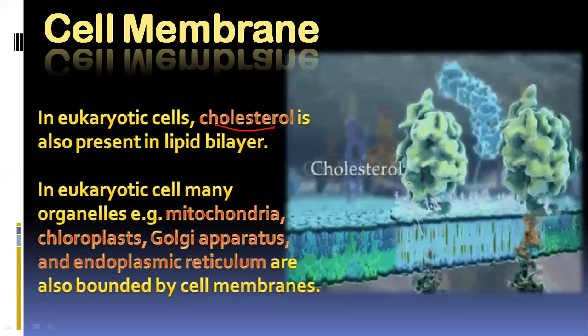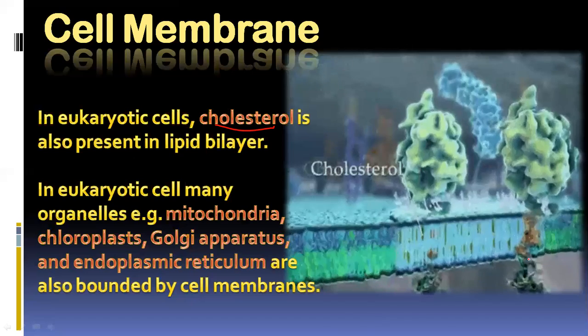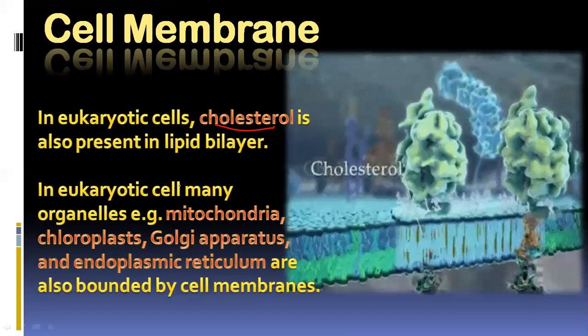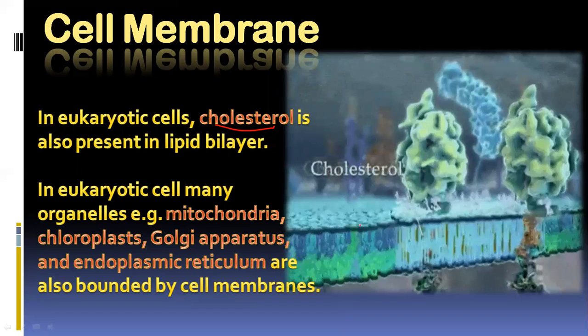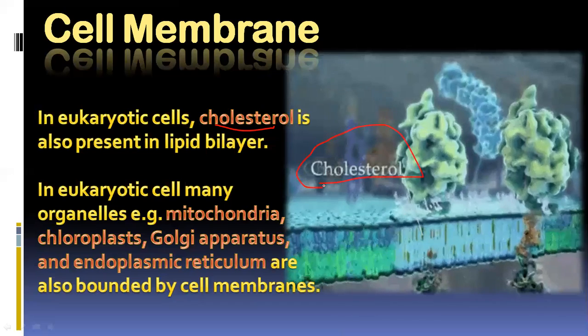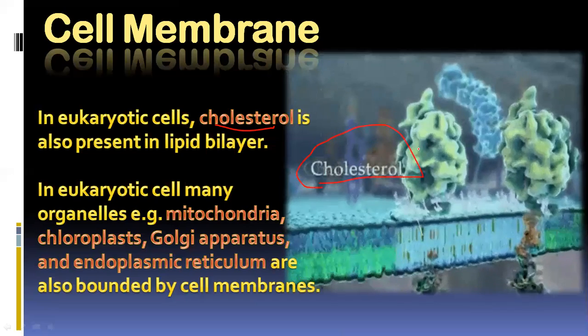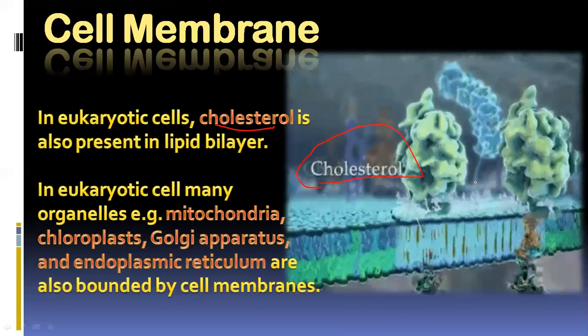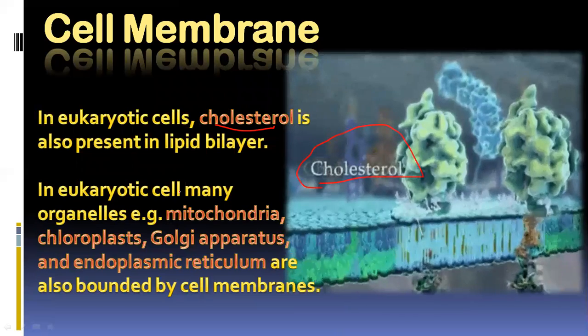This is a big molecule of cholesterol which is embedded like this in the cell, and it also gives fluidity, strength and structure to the cell membrane. This is very important because lots of our hormones are made up of cholesterol also, and cholesterol is an important part of our cell.